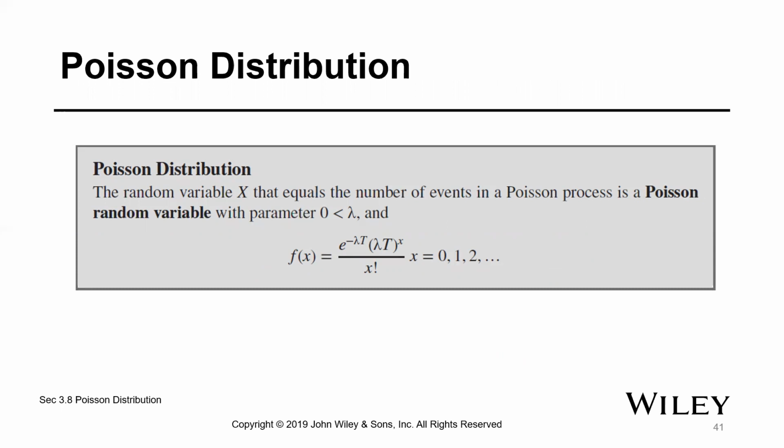So e to the negative lambda t times lambda t to the x over x factorial, following a general curve.